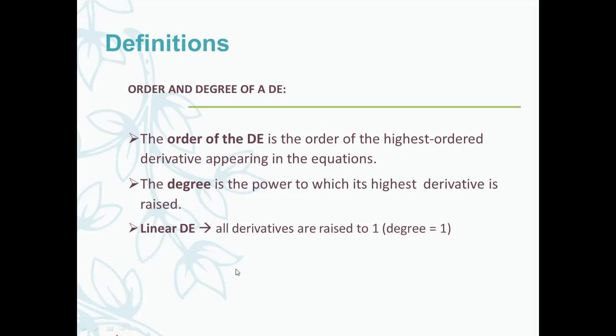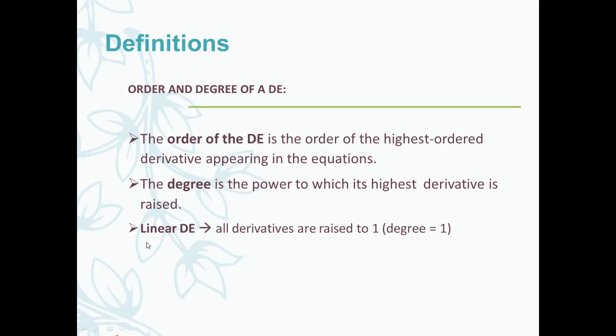Now, we go to linearity of the differential equation. If your derivatives in the differential equation have powers all equal to 1, your differential equation is said to be linear. Although, if you refer to Shom's outline in differential equations, there are still other tests to check whether your differential equation is linear.